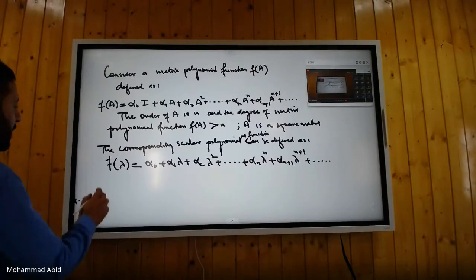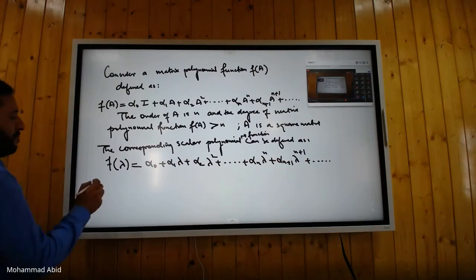Okay. Now I will do some mathematical operations like this.